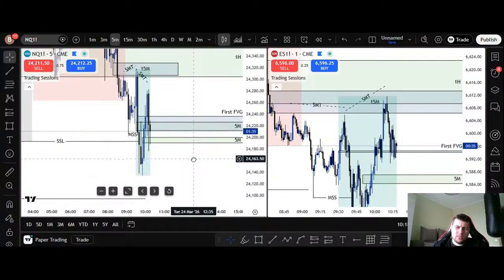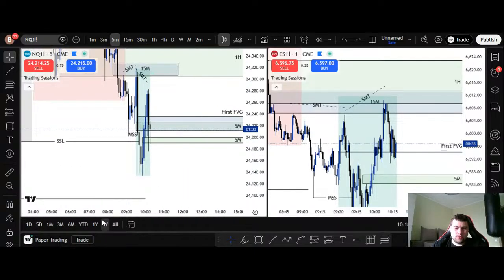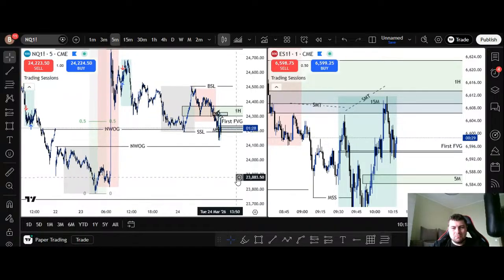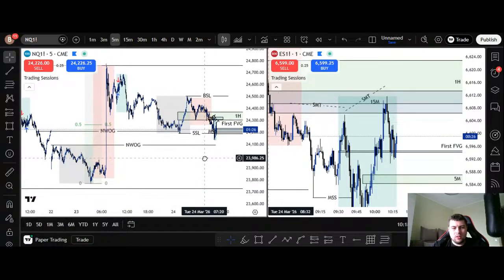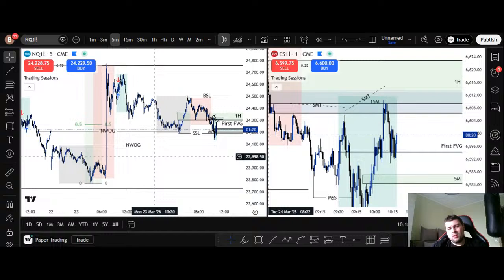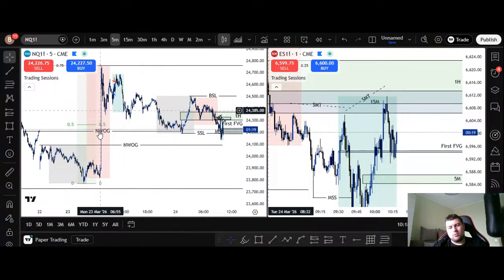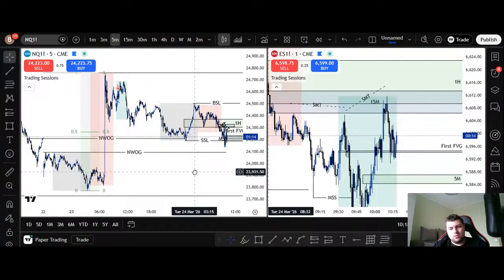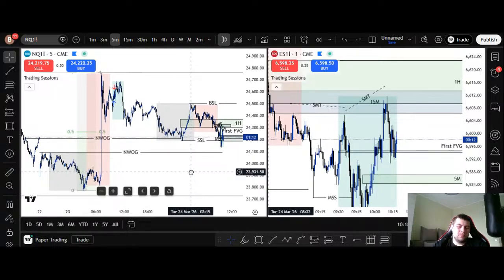I'm a little bit sad about this trade because it was a really good trade and I went full risk. But I believe the main reason why I actually lost is maybe because there is such a big candle. I don't really understand how to act when I see this. I didn't really see it.